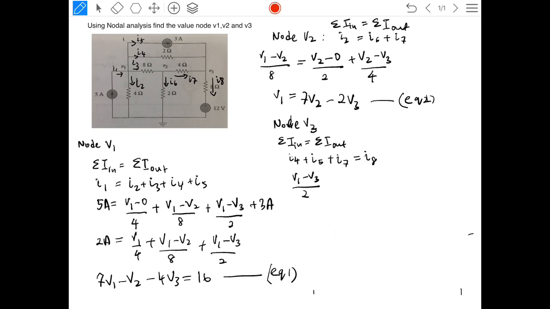We also have I5, which is the 3 ampere, plus I7 which is V2 minus V3 divided by 4, and finally we have I8, which is V3 minus 12 divided by 8.